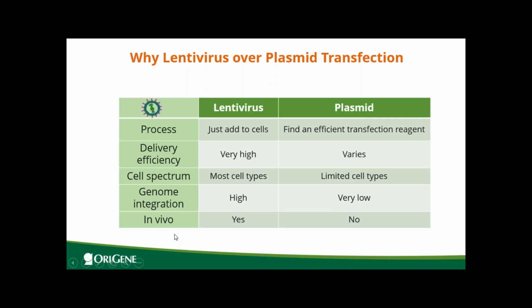For in vivo study, lentivirus can be used to infect tissues or be injected in animals. But with a plasmid, there's no good transfection reagent for transfecting tissues. So clearly, lentivirus is a more efficient and preferred way to deliver genes into cells or animals.